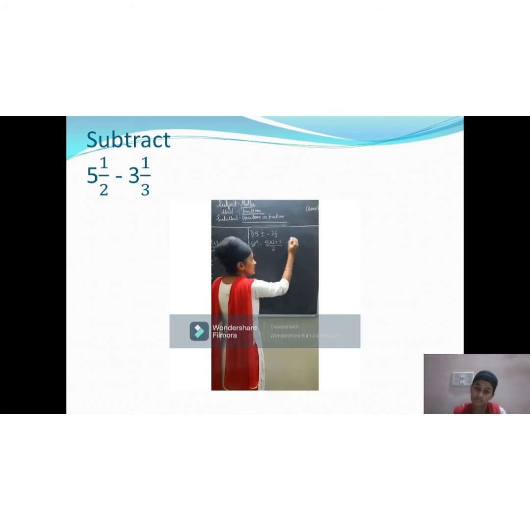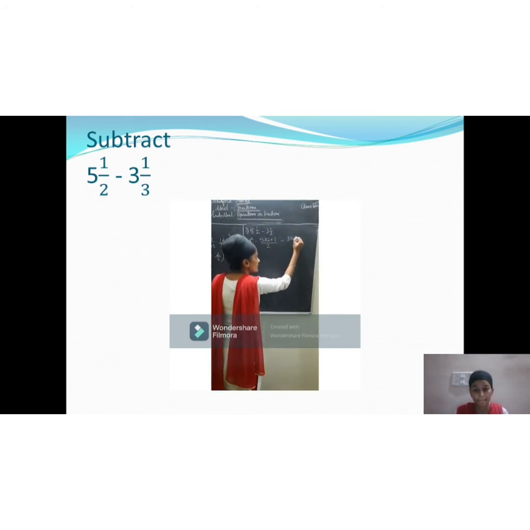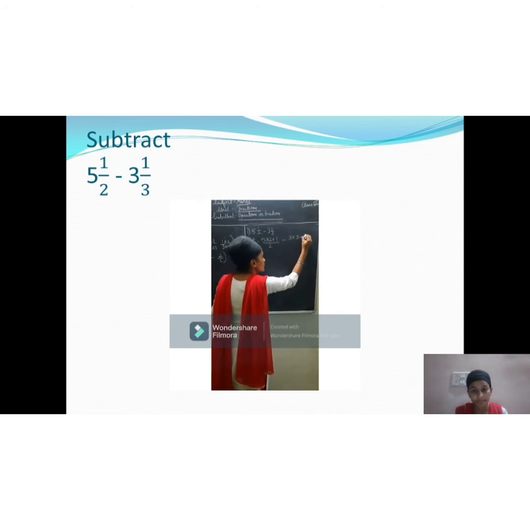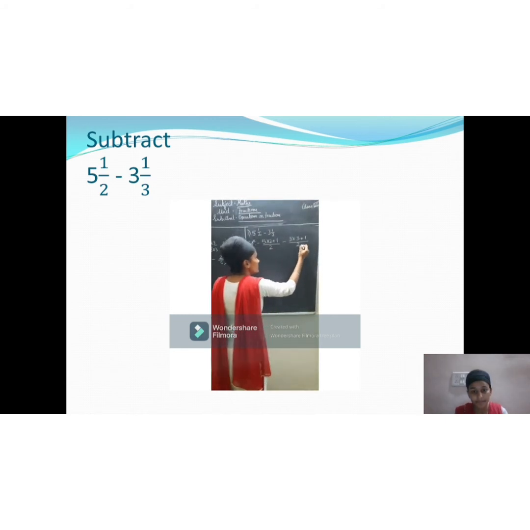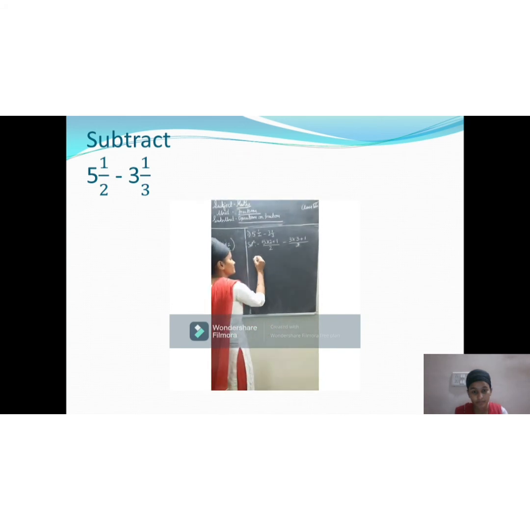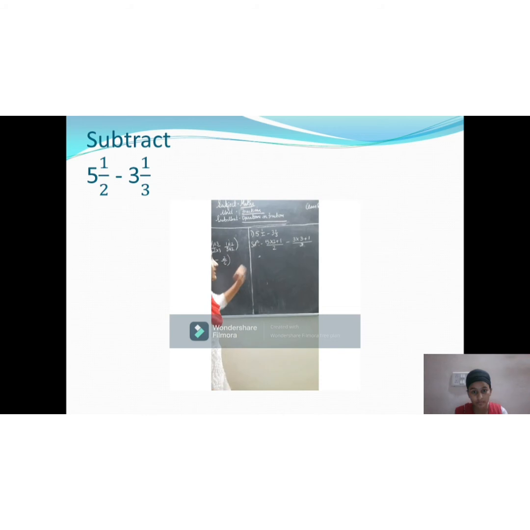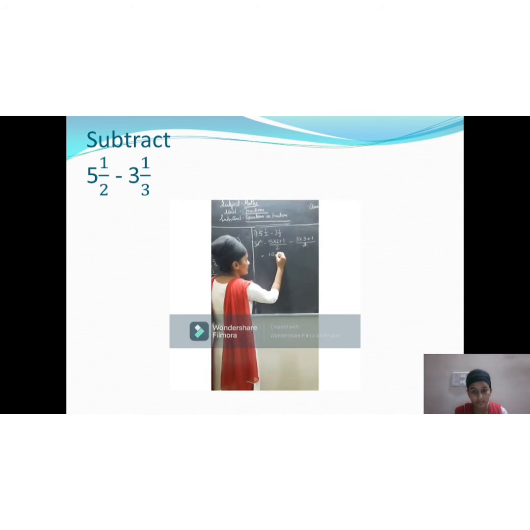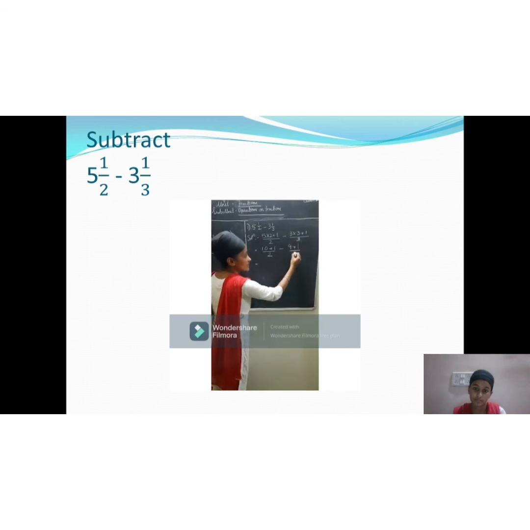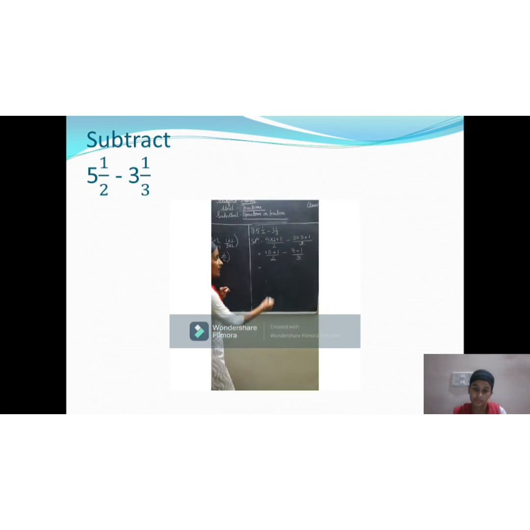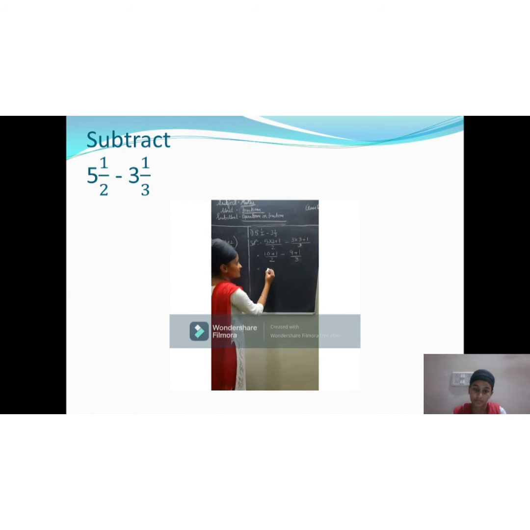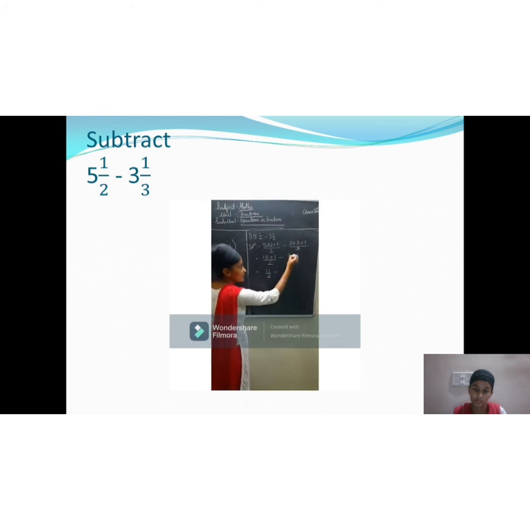Minus 3 into 3 plus 1, that is whole number into the denominator plus the numerator upon the denominator, that is 3. Now 5 2s is 10, 10 plus 1 upon 2, minus 9 plus 1 upon 3. Now 10 plus 1 is 11 upon 2 minus 9 plus 1 is 10 upon 3.